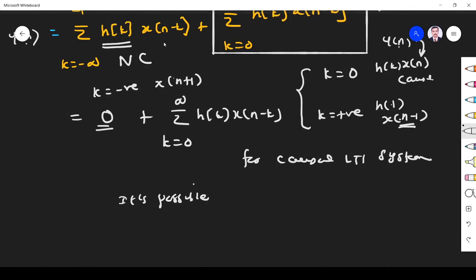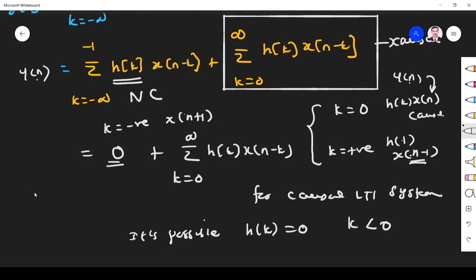Future input may be given, but I want this summation to be 0. H of k is equal to 0 for k less than 0. For any negative k value, I want this summation to be 0. That is possible only if h of k is equal to 0, because the input cannot be 0.